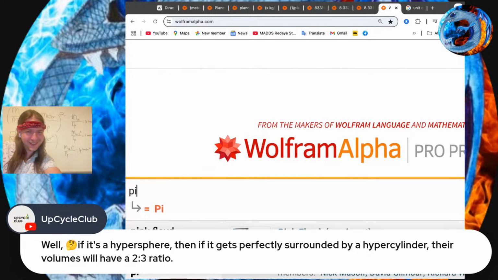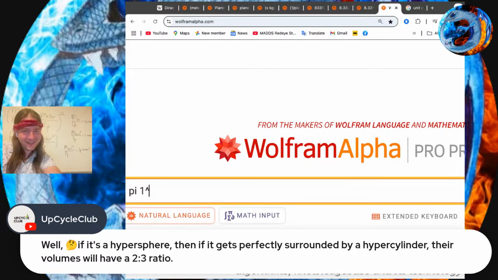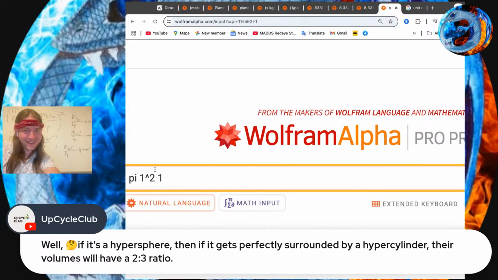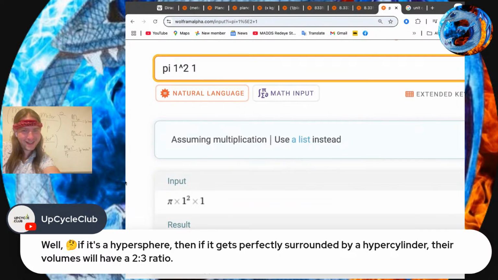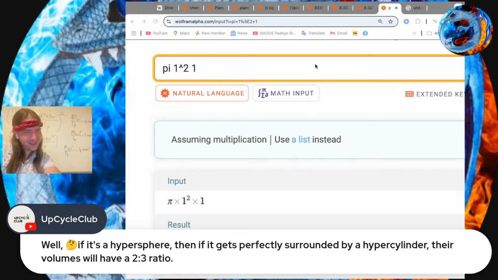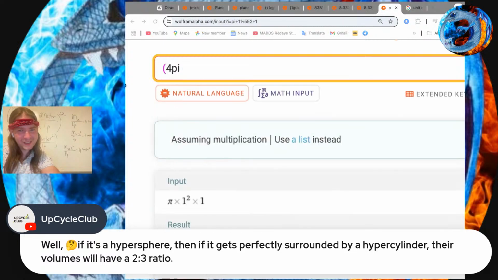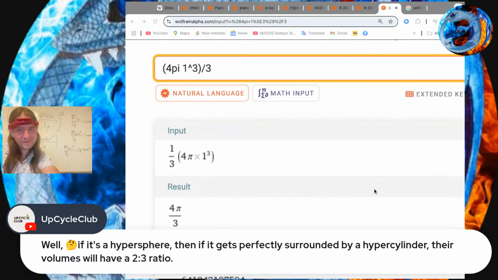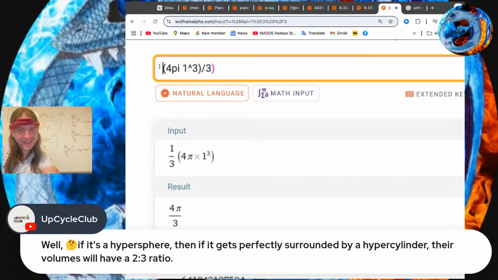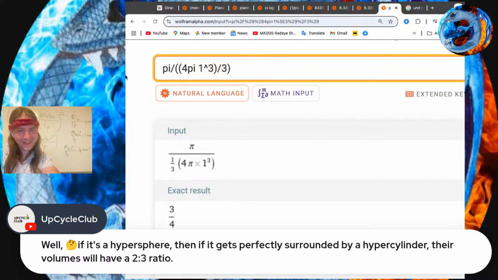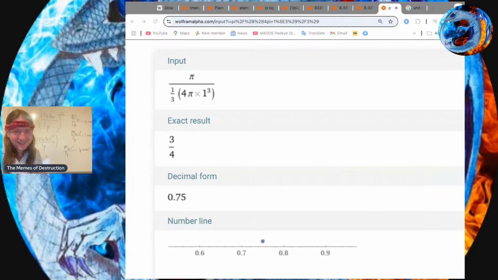Don't think that's gonna be as useful. By 1 squared, that's the height of 1. Okay, so it just gives us pi in that version. Okay, that's its volume. Or pi, 4 pi a cubed, cubing it by 3, and pi. It looks like it's 3/4. I kind of did that wrong, but I think it's 3/4.